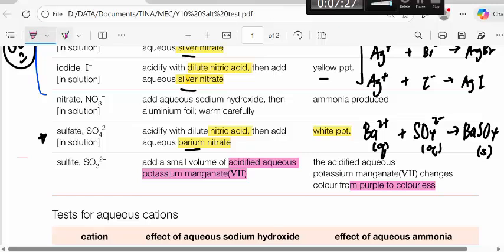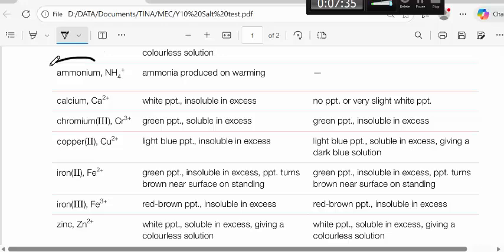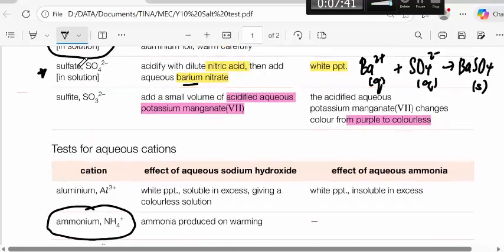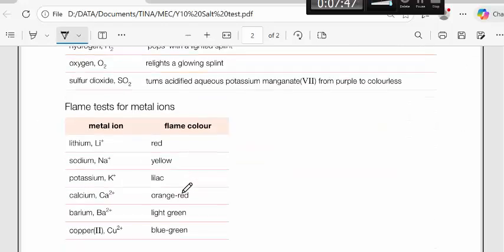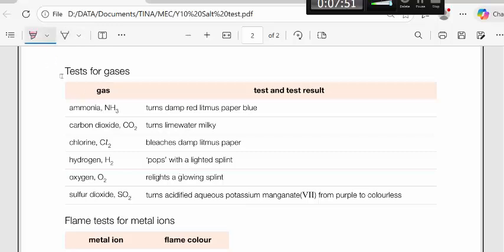Now we're going to do nitrate and ammonium. These two are almost the same. I'll teach you how to do it. What you need to understand is ammonia gas.